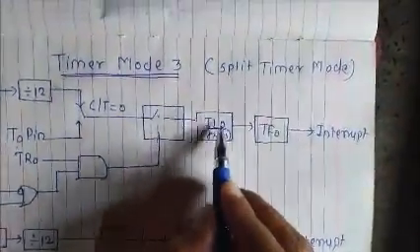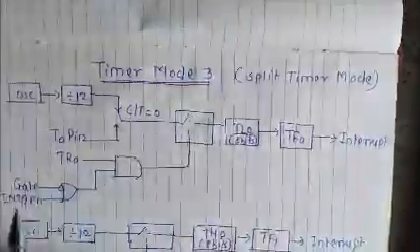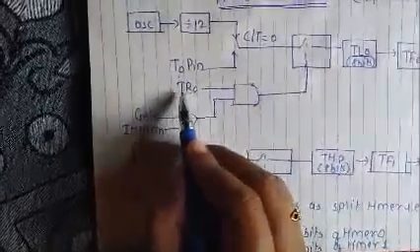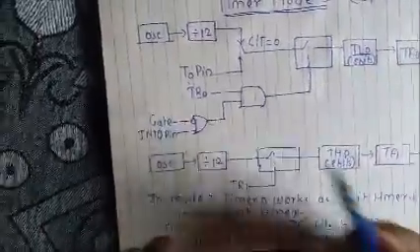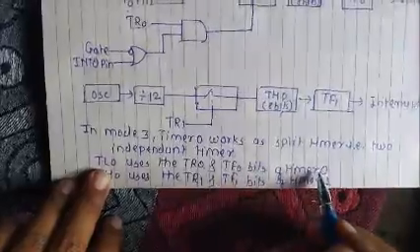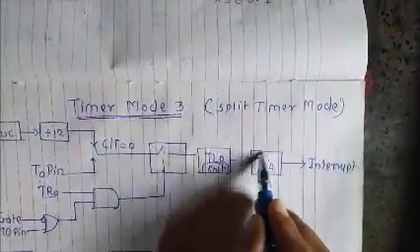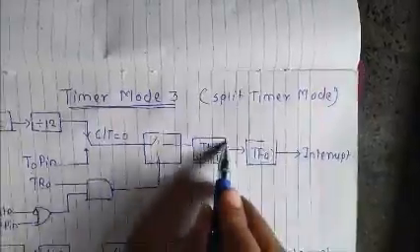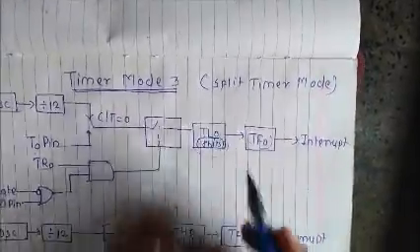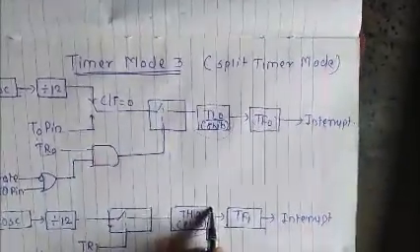So we are using TL0, that is the timer 0 lower byte, with TR0, that is timer run for timer 0, and the TF0 bit of timer 0, which is the overflow flag. So we can go for either TL or TH.